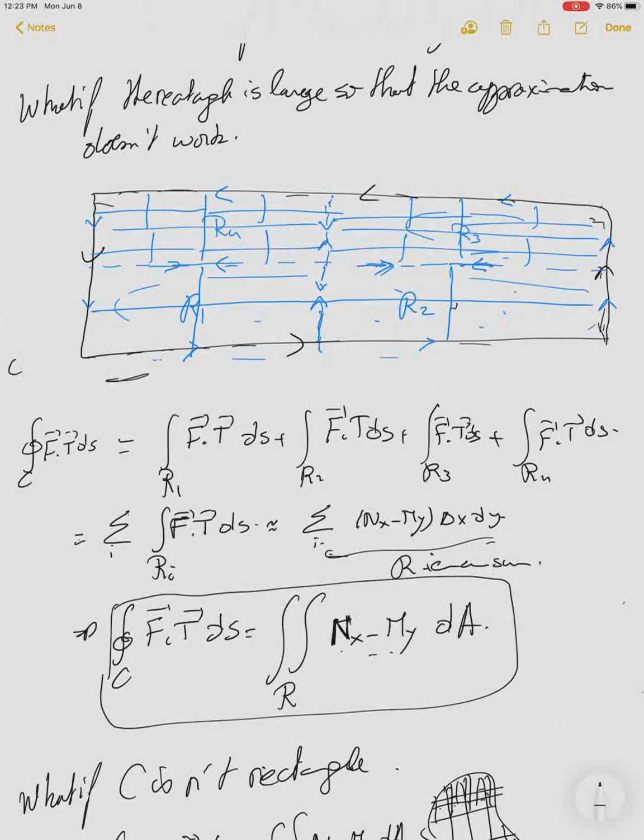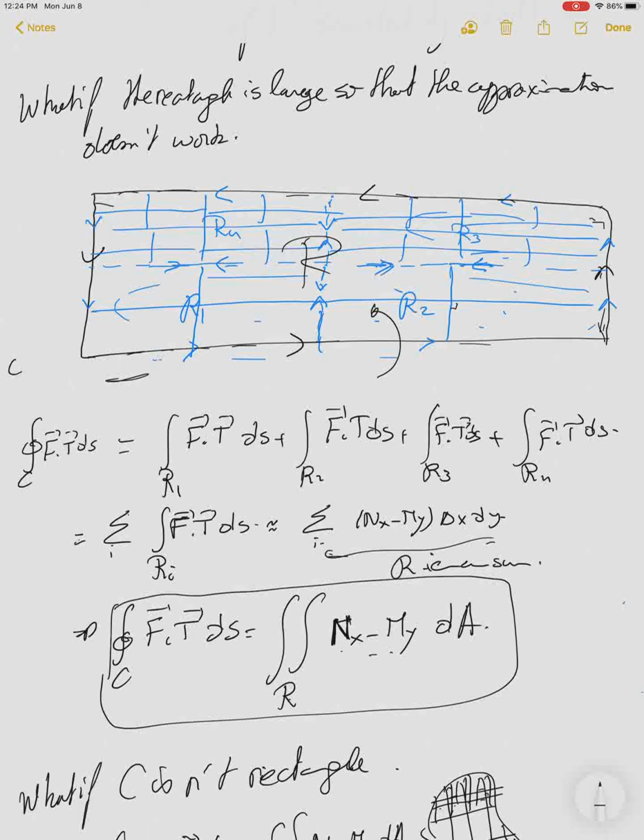But when I calculate Nx minus My over R, where R is what is inside, then it's not enough for F to be continuous at the boundary. I need Nx minus My to be continuous in the interior of the rectangle, or in the region enclosed by the rectangle. So I need an additional condition.